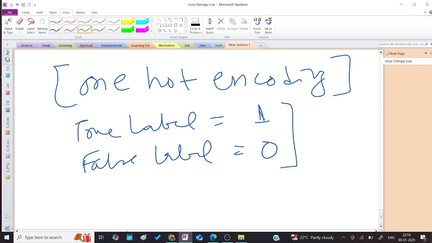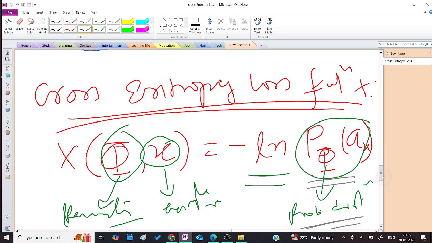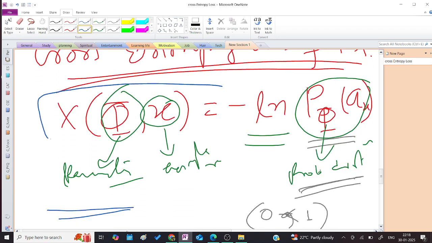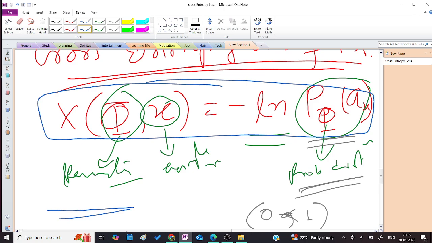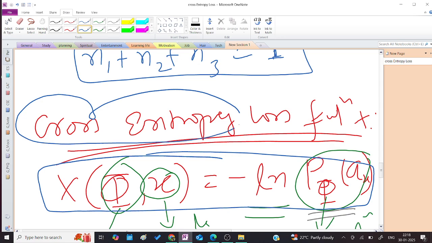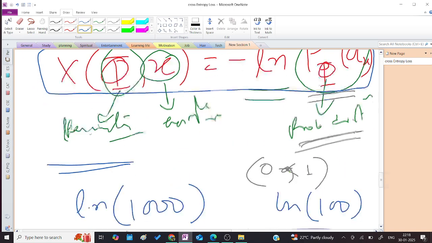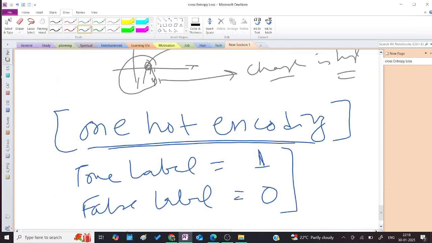If it was not one hot encoding, the formula, this one, would have changed to calculate the cross entropy. So that we will come to in a later class. Okay.